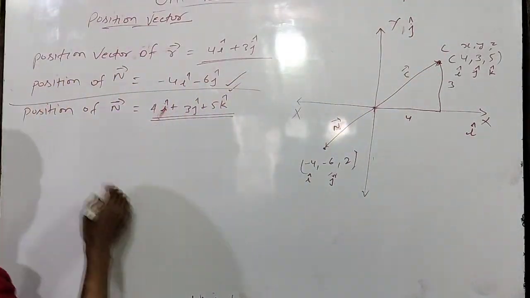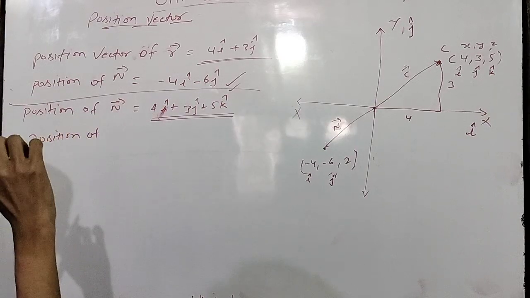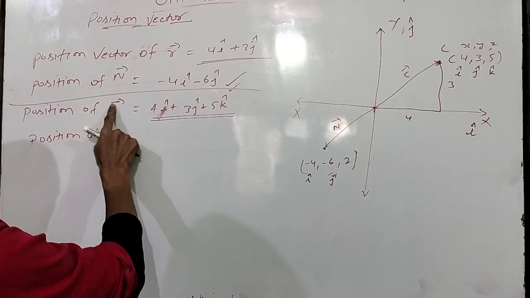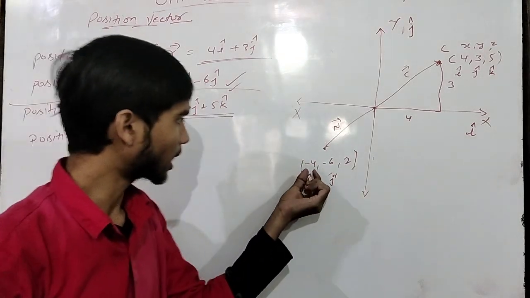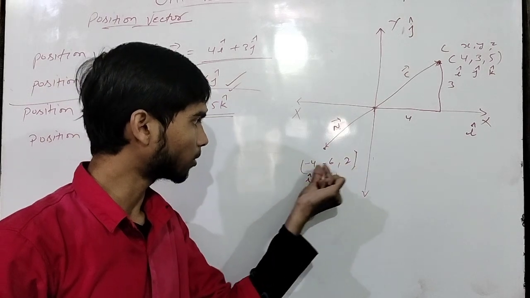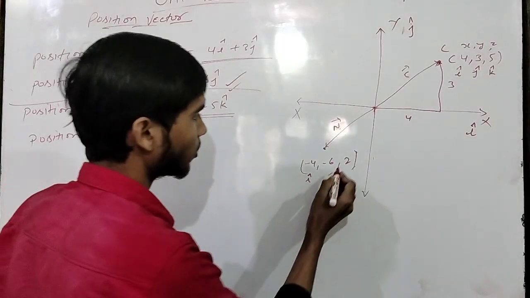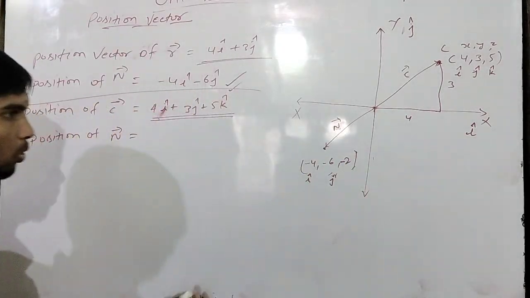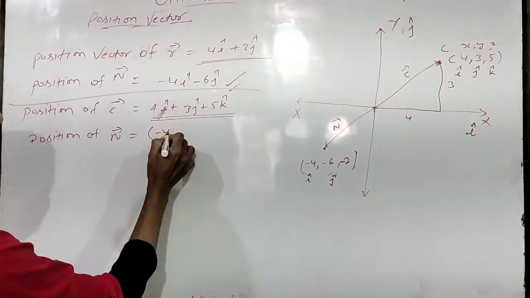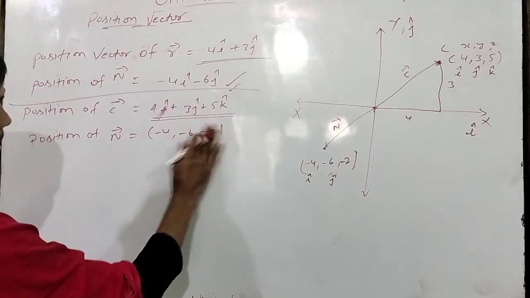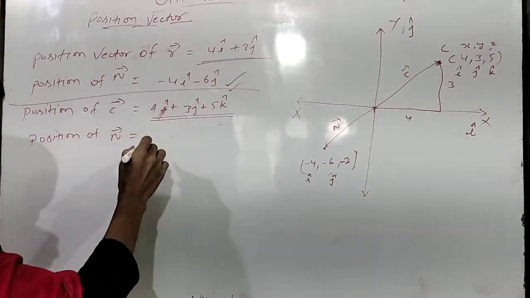Okay, this is complete. Now next we have the position of this n vector; this was the C vector. In that case we have i cap, j cap, k cap. The i cap is -4, this is -6, and this is 2. But remember, this will come as -2 because z will be in minus. So -4, -6, -2. But it's not the correct way to write any vector.